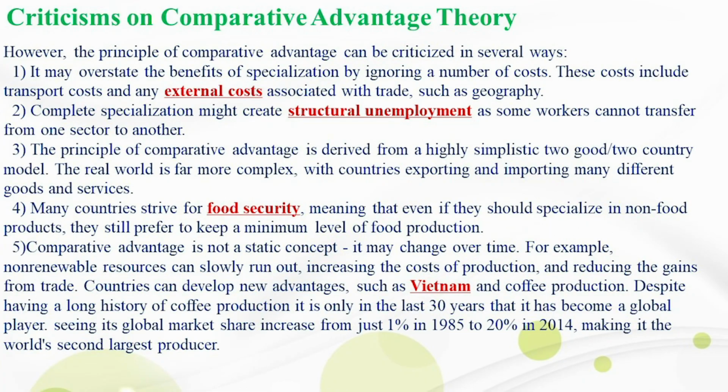Despite a long history of coffee production, it is only in the last 30 years that it has become a global player, seeing its global market share increase from just 1% in 1985 to 20% in 2014, making it the world's second largest producer.